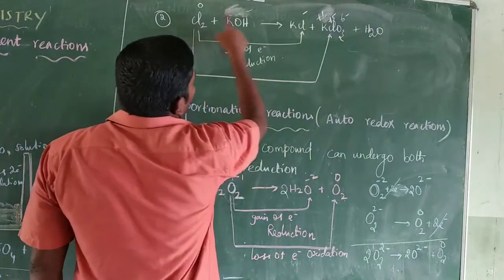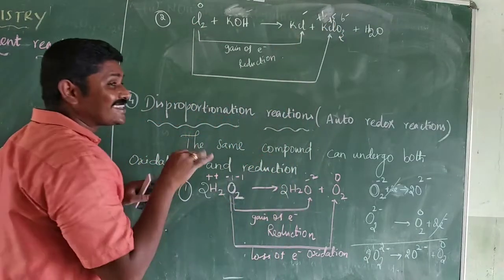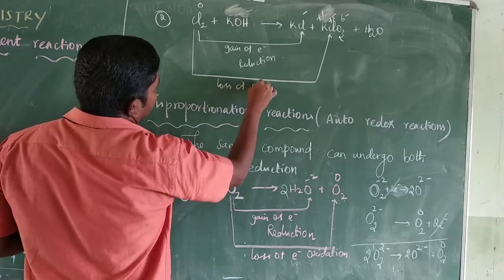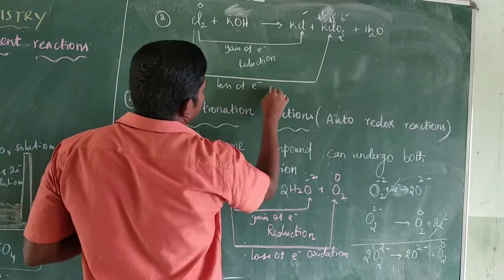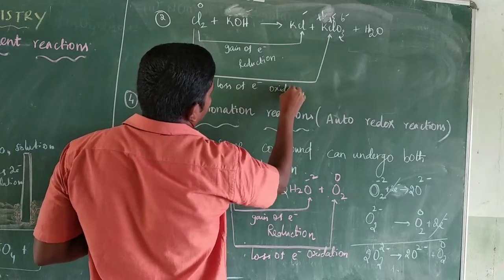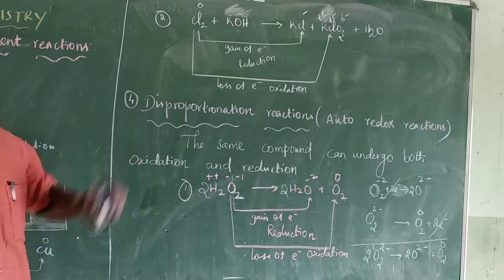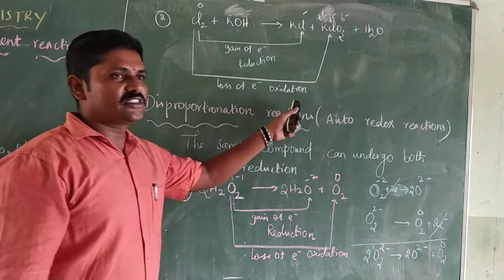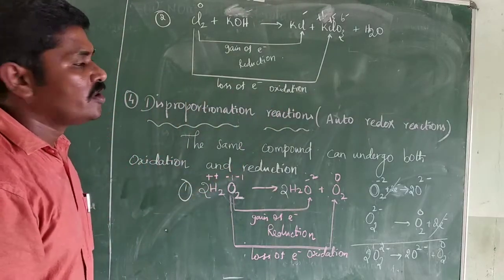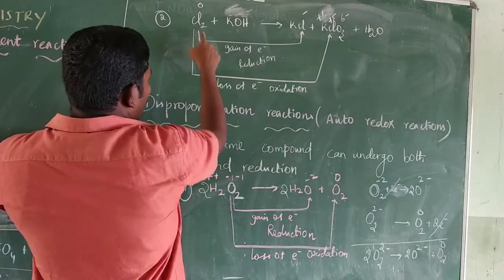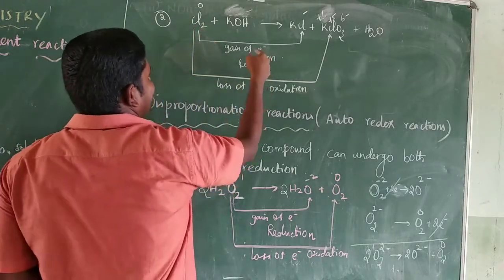So 0 to plus 5 is a loss of electron, which is oxidation. The same molecule can undergo both oxidation and reduction.